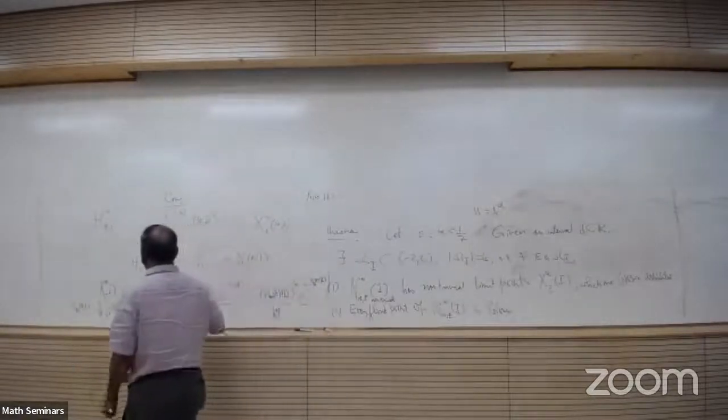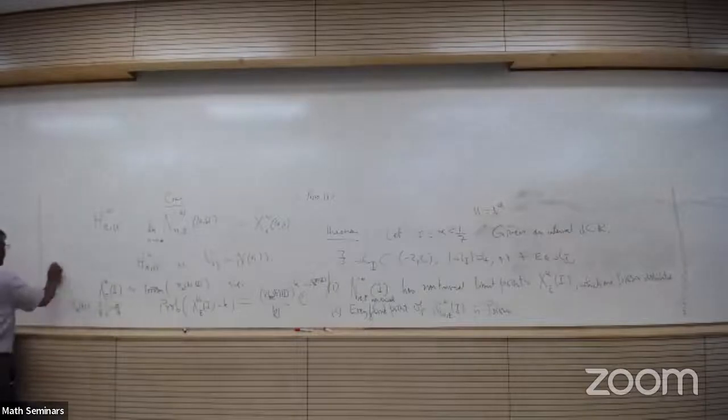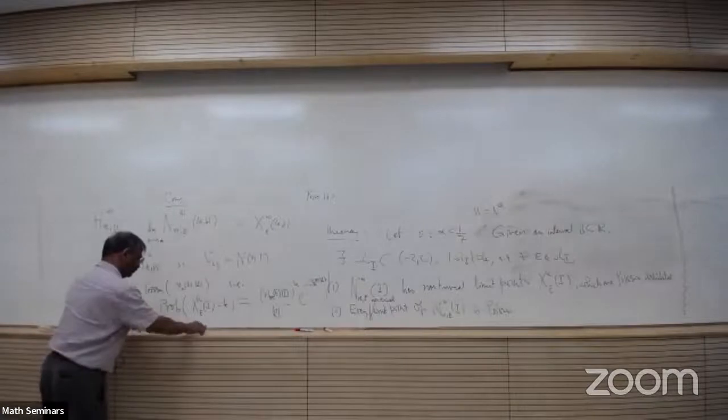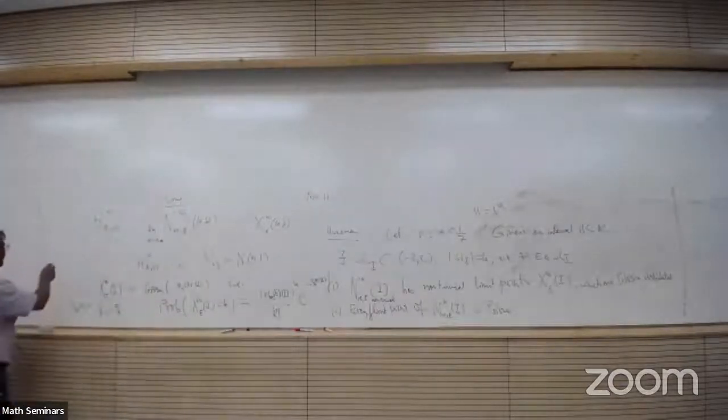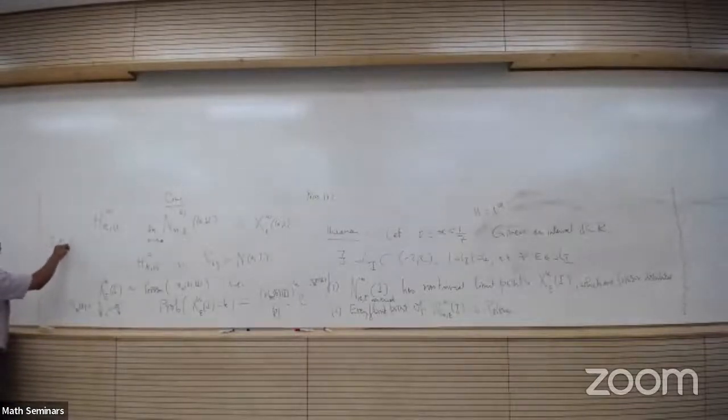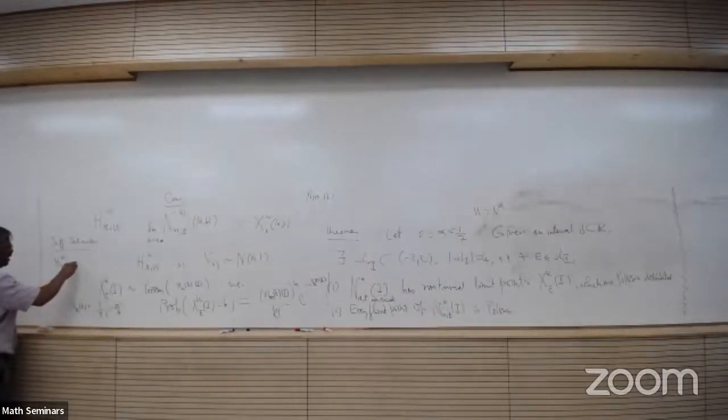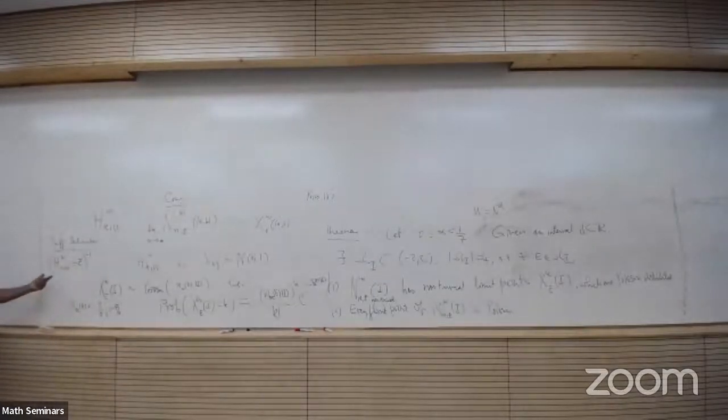So this work depends on the work of others. There's a work of Jeff Schenker, who showed that if I take this H_N^W of omega minus some complex number z, take the inverse of this. This is a self-adjoint, this is a real symmetric matrix.